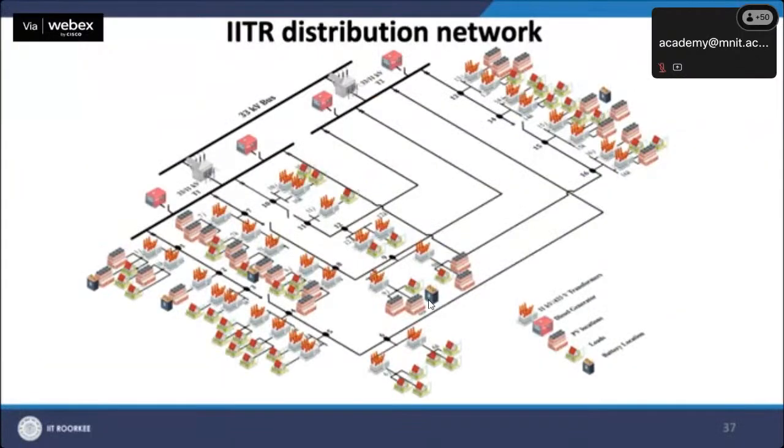This is the single line diagram of the IIT Roorkee distribution system, where we can observe the 5 locations where the 5 battery energy storage systems are placed, one of which is already located in the Department of Electrical Engineering.